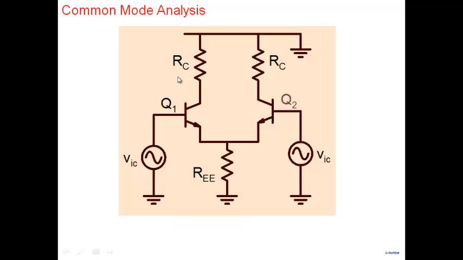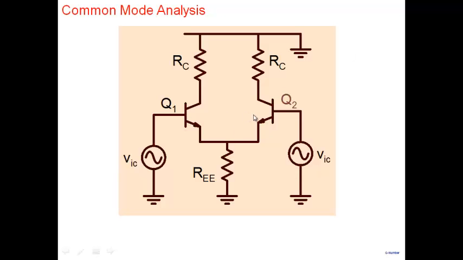All right, common mode analysis. In the common mode, the signal is the same at both sides. And again, in all these amplifiers, what we try to do is use symmetry to simplify.